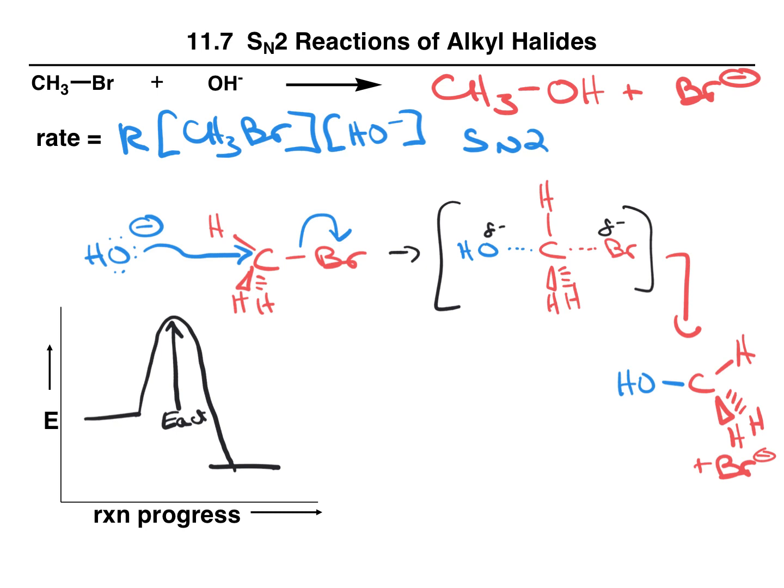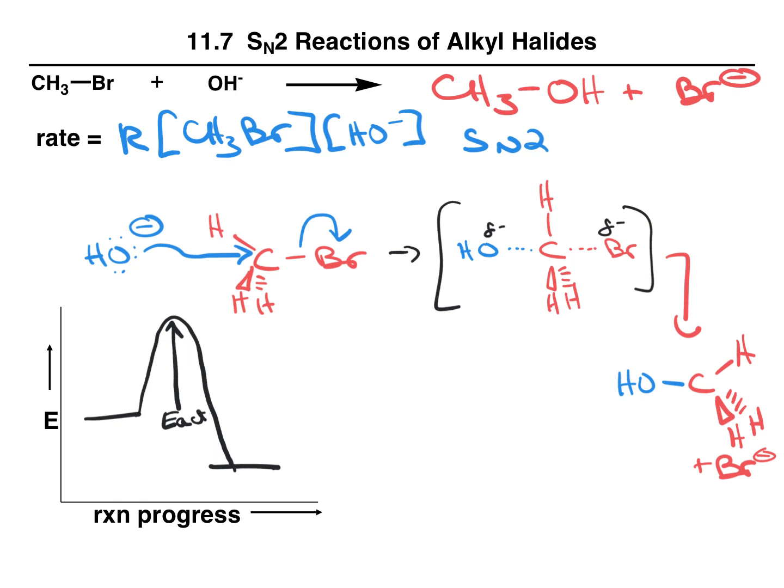Remember, we talked about elementary steps, and an overall reaction can consist of a single elementary step or multiple elementary steps. This one is a single elementary step. It is substitution because that's the overall change, nucleophilic because hydroxide is acting as the nucleophile, bimolecular because two molecules appear in the transition state of the rate determining step.